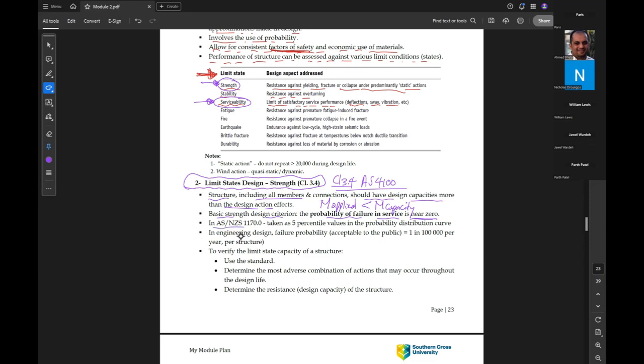In Australian Standard 1170.0, there is a 5 percentile value in the probability distribution curve. So 5% of failure, but not in the service loads. In engineering design, the failure probability acceptable to the public is 1 in 100,000 per year per structure. To verify the limit state capacity of a structure, you need to use the standard, determine the most adverse combination of actions that occur throughout the design life, and determine the resistance, the design capacity of the structure.